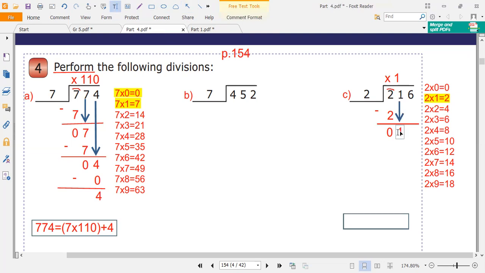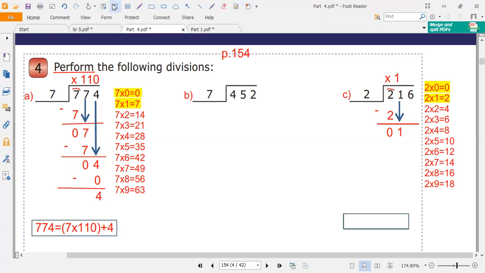So we have to respect the steps of division. We bring down, then we divide 1 by 2. What number times 2 equals 1, or a number smaller and nearest to 1? It is 0. So the answer is 0.